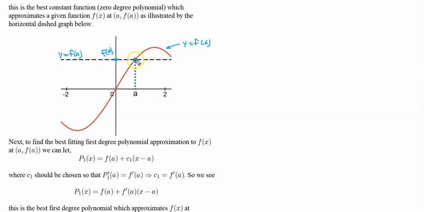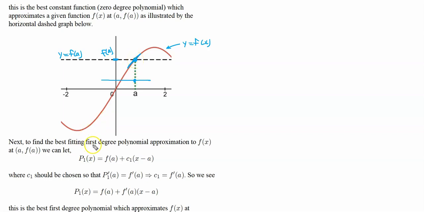And so clearly that's going to be the best possible constant function that approximates f of x, which is the graph right here, near the point x equals a, right? This would be your best 0-degree polynomial or constant function that approximates our function f of x right here, okay? If we drew a constant function down here, well, obviously that's not going to be the best approximation at this point because f of a is all the way up here.